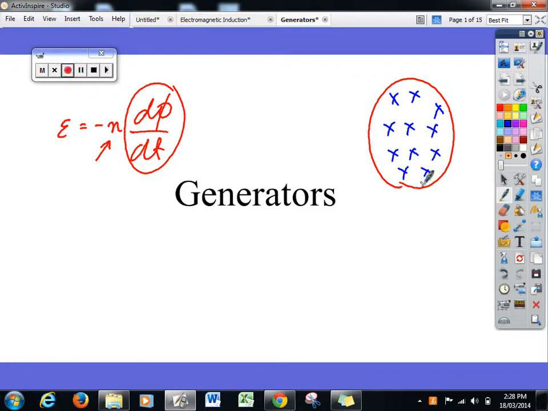So at the moment, let's say there are 11 field lines going through there. When this loop spins on its axis and goes into this position, then there are no more lines going through that hoop or that coil.